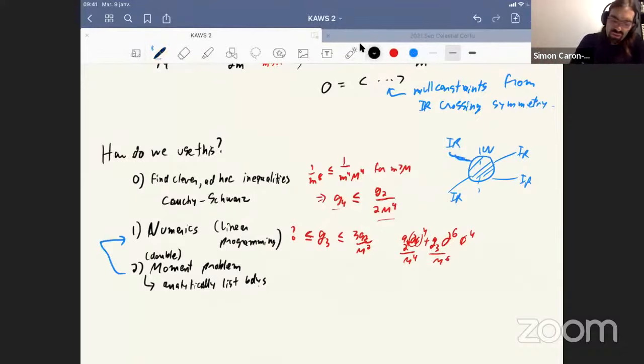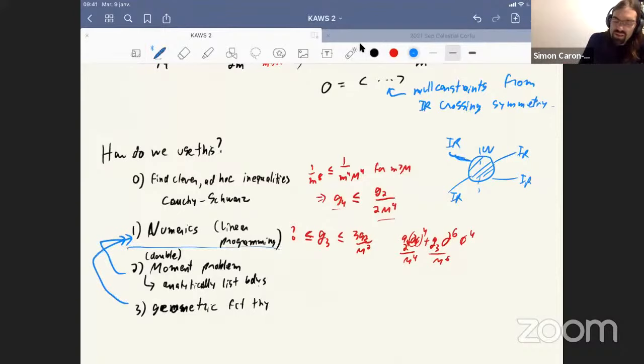Then there are other approaches, for example by Aninda and friends, which proposed to use crossing symmetric dispersion relations and geometric function theory, things that I will not explain. Even then you get some results, but it's still good to have some systematic numerical exploration of constraints. So that's what we'll discuss tomorrow.